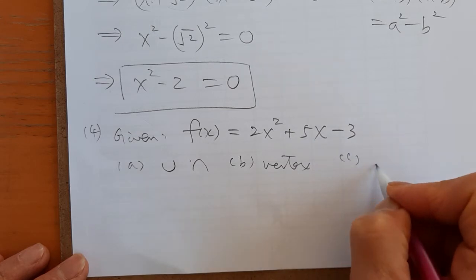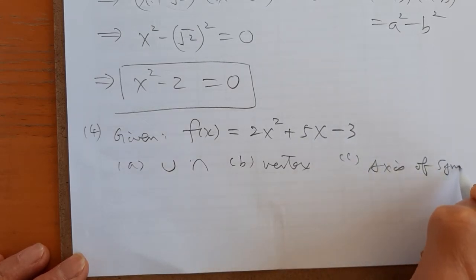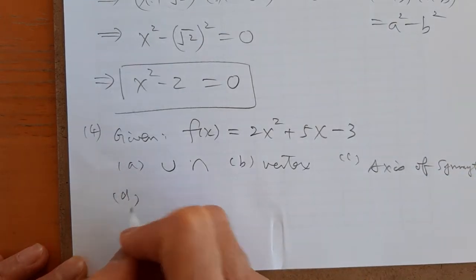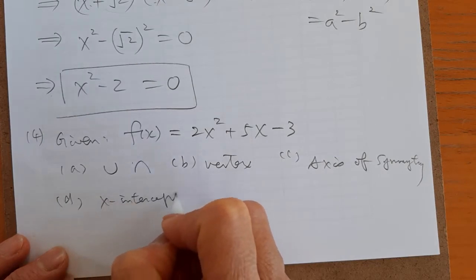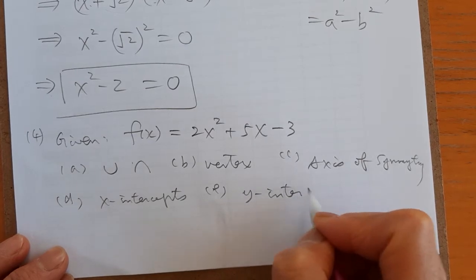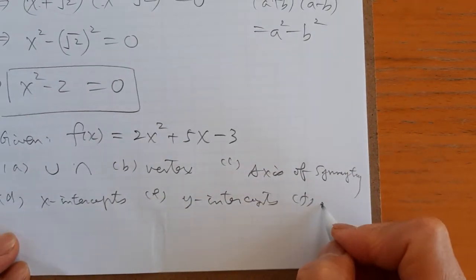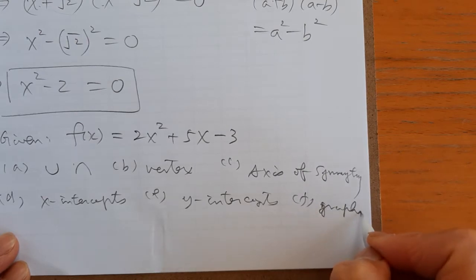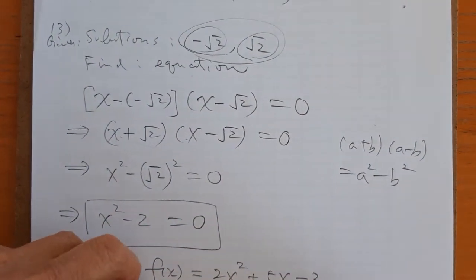C, find the axis of symmetry. D, find the x-intercept. E, find the y-intercept. And F, graph it. This is graphing for quadratic functions.